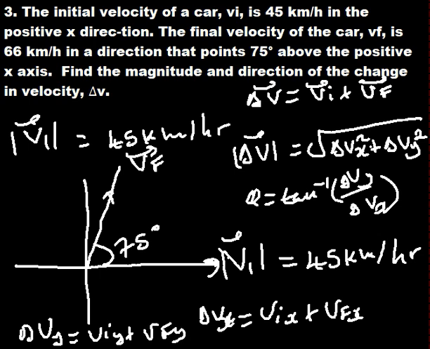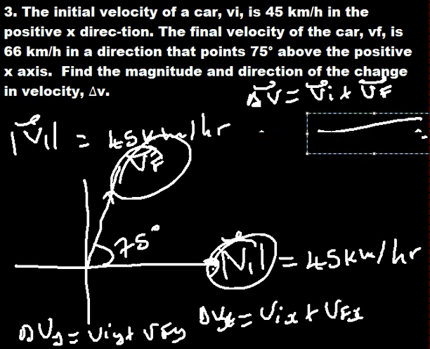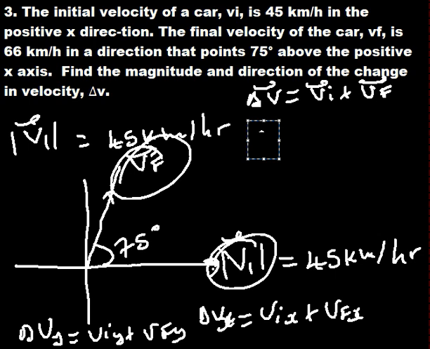So you have to resolve these into components. You resolve this into components, and also this one into components as well. So let's see how we should have it there. Now in this case, let's think of having the x component of the v1.